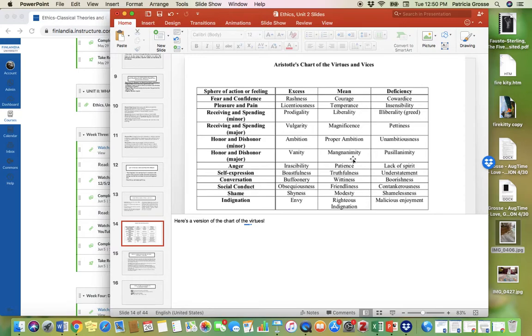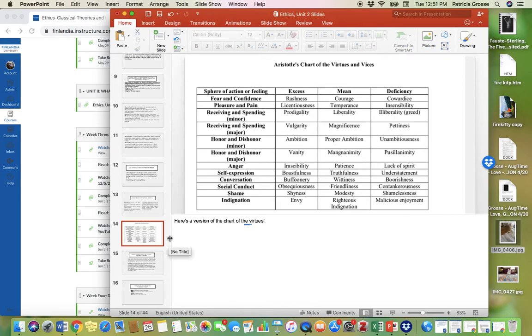The idea here with this mean between two extremes for Aristotle is that by acting this way, you will be happy because you're not going to be acting in a way that harms yourself. If the football player lets his philosophy professor go into the field to do something he should be doing, then he's going to have to live with his cowardice. You don't want to live with cowardice or your own vulgarity.